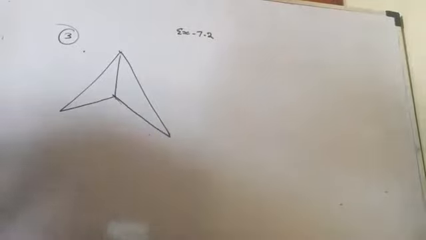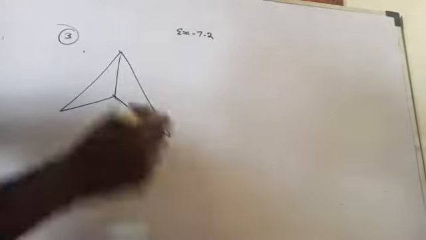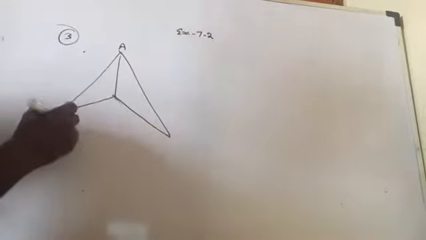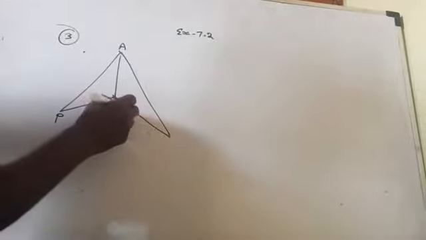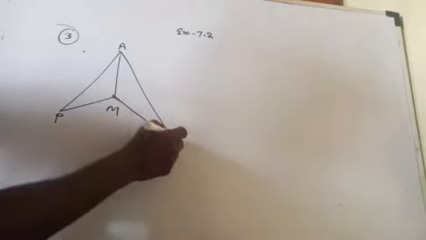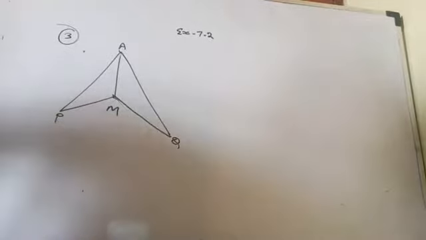Okay, so this is the given diagram. You have to say that it is A, it is P, it is M, it is Q. Am I right?